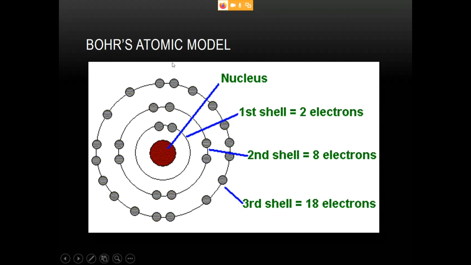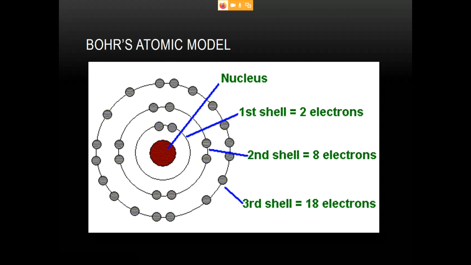And so atoms have a nucleus, and inside of that nucleus are protons, which are positively charged particles, and also something called neutrons. A neutron is made up of a proton and an electron fused together. So neutrons do not have an electrical charge.